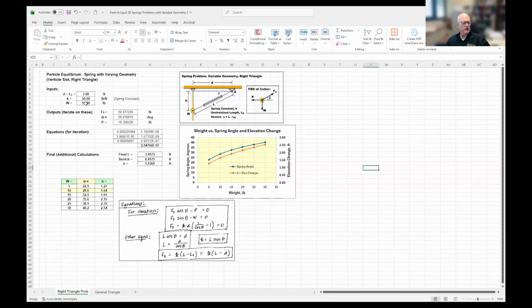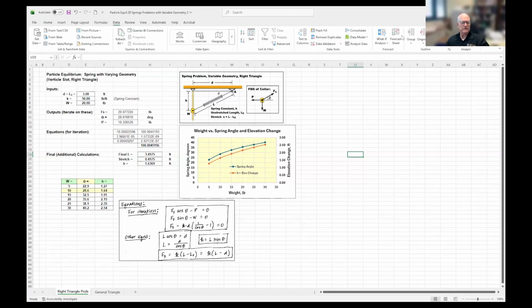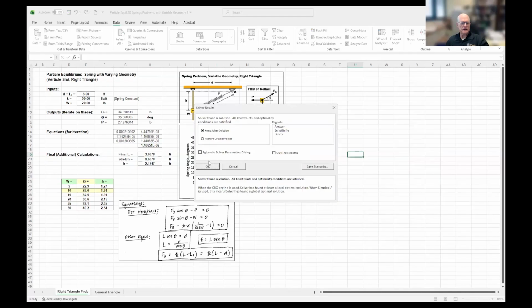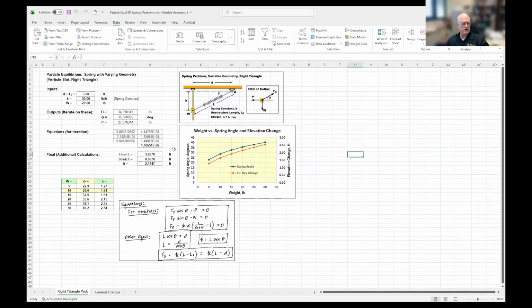If you want a different number, you can set W equal to 20. And I can just use whatever I have here as starting values. And I'll just go Data, Solver, Solve. It said it came up with a solution that looks pretty good.